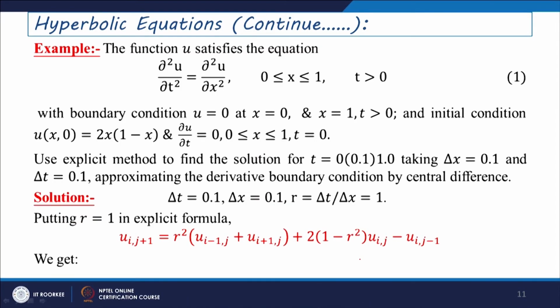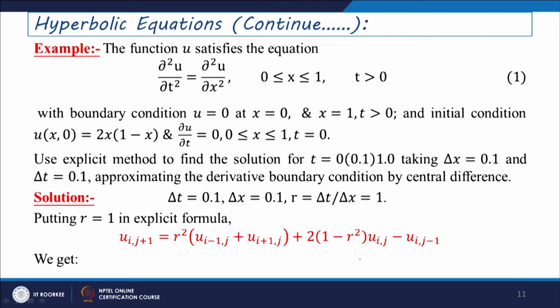Now let us go to an example based on the previously discussed methods. Suppose the function u satisfies this equation, del square u by del t square equals del square u by del x square, where x lies between 0 and 1, and for all t greater than 0, with boundary conditions u equals 0 at x equals 0 and x equals 1 for t greater than 0.